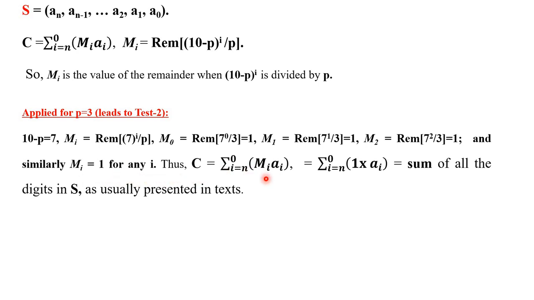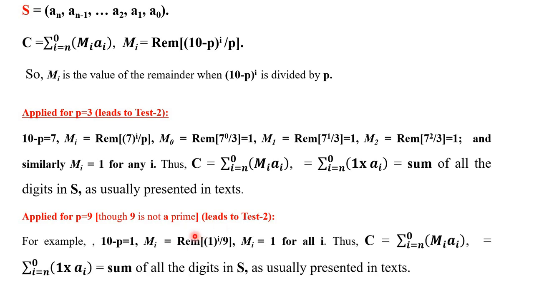That means C is sum of mi ai and all mi are 1, so it is simply 1 into ai, that means the sum of ai. So it is the sum of all the digits in S as usually presented in texts. Now we will see p equal to 9, though it is not a prime, but again it is applicable. 10 minus p, so p is 9, so 10 minus p is 1.